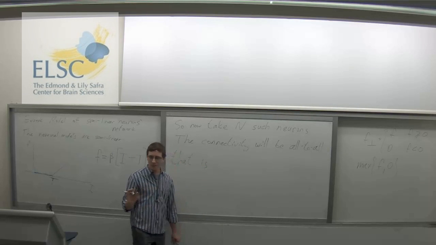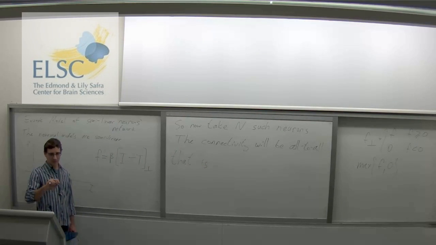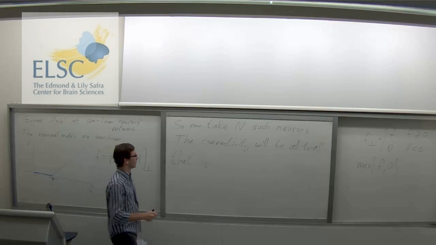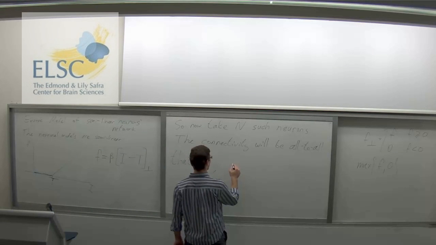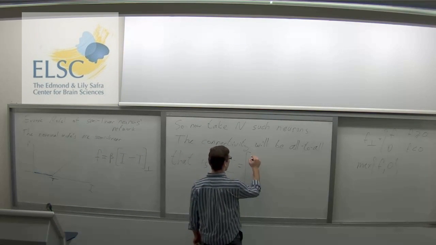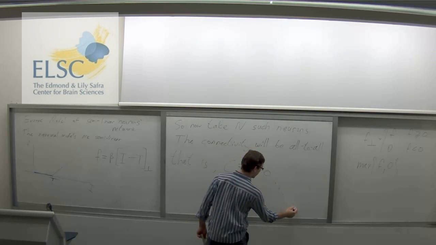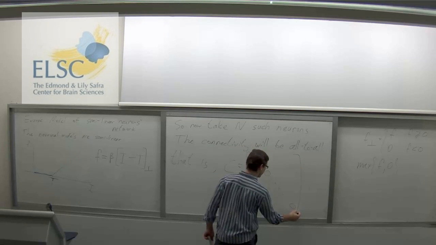So the connectivity matrix is now just going to be a 1 and 0 matrix, connected or not connected. C is zeros on the diagonal, as always, and ones elsewhere.